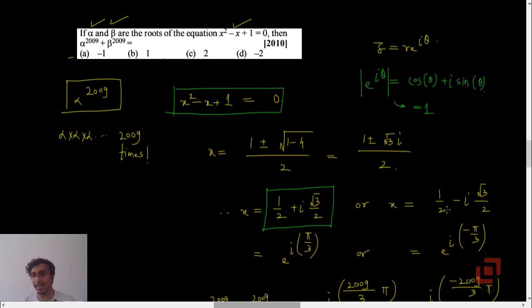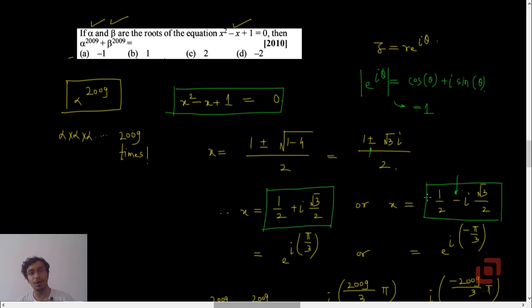If you go to the second root, 1 upon 2 minus i into root 3 by 2, because of the plus or minus sign which root 3i has, the exponential representation of the second root is e to the power i into minus pi by 3. So now theta is negative pi by 3 because cos is positive and sin is negative.